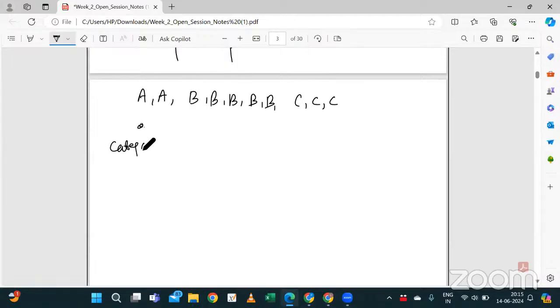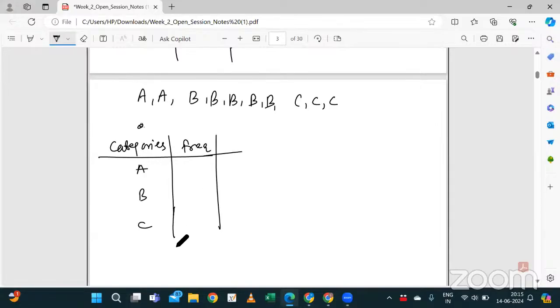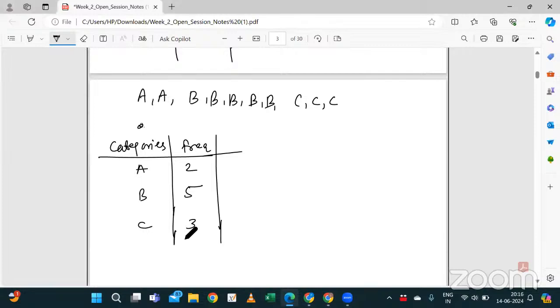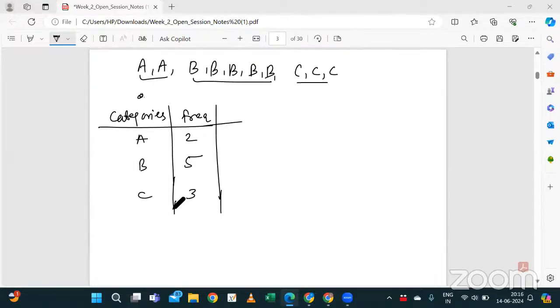Suppose I have 3 categories and their corresponding frequencies. This is A, this is B, this is C. So A is 2, B is 5, C is 3. What is the total number of observations? 2, 5, 7, 3, 10. So I have 10 observations in total.